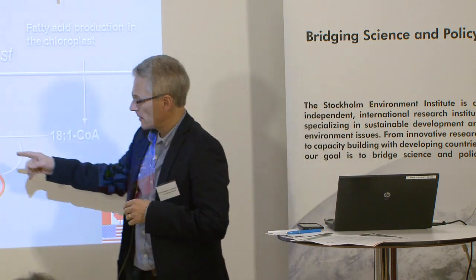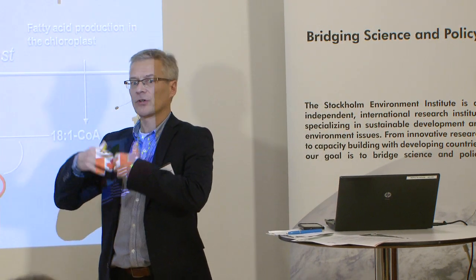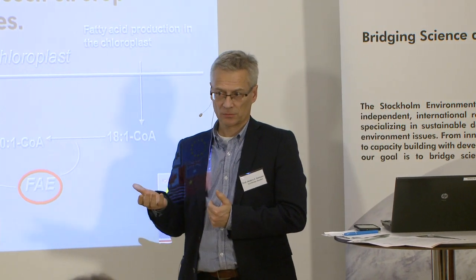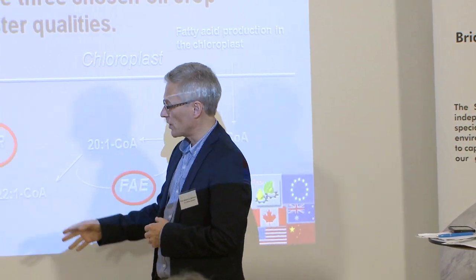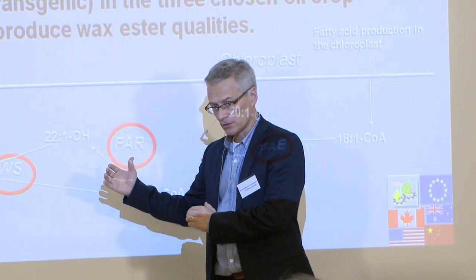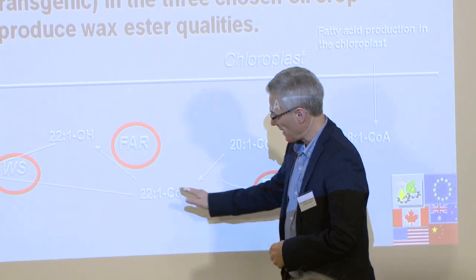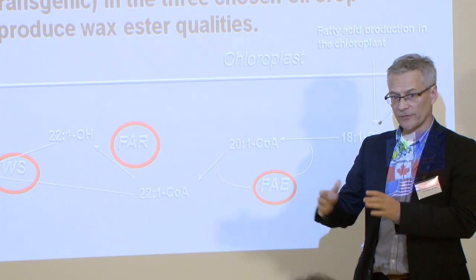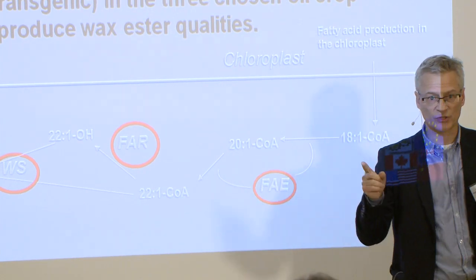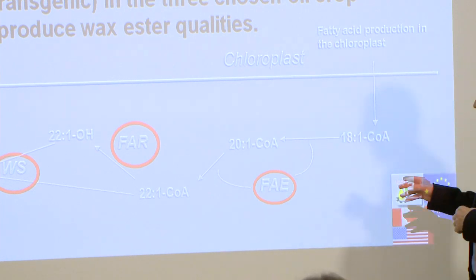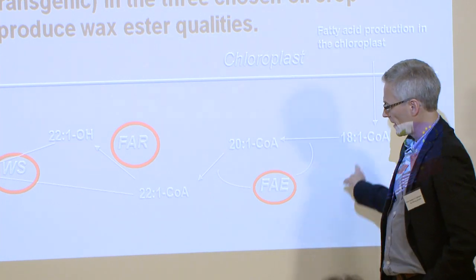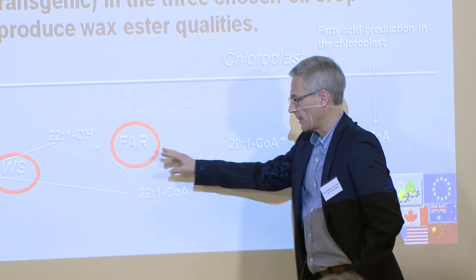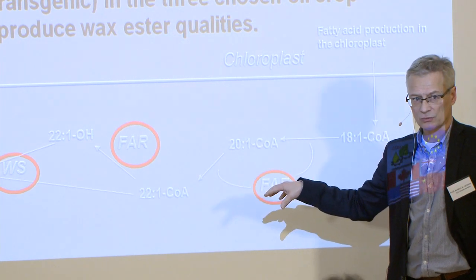Then that is converted into an alcohol. Okay, now we have a 22 carbon long alcohol. We also have 22 carbon long fatty acid, two types of carbon chains. And this was done by two enzymes that were introduced.